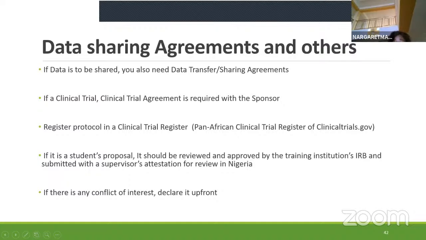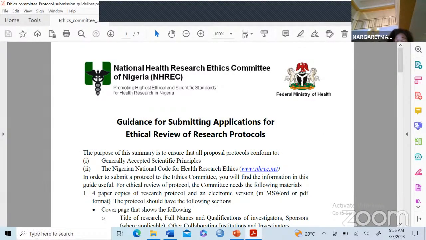Data sharing: because there are going to be data accruing from different sites, there must be an agreement that data will be allowed to be transferred and shared, and so an agreement must be signed. If a clinical trial, okay. We now go quickly to the steps you have to follow to submit your application for ethical review.